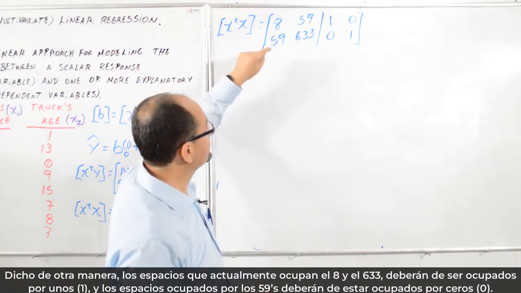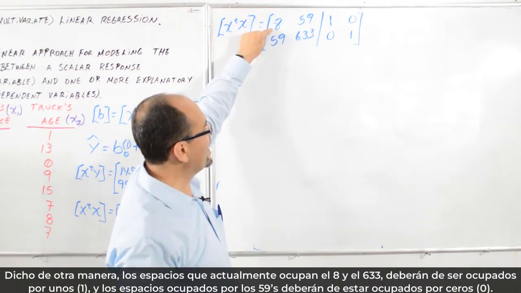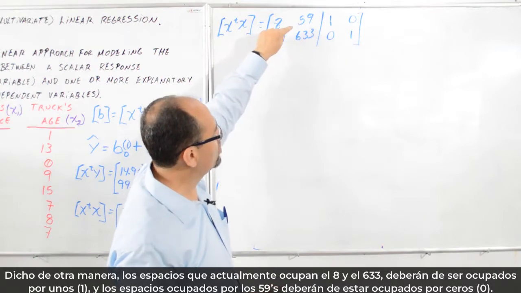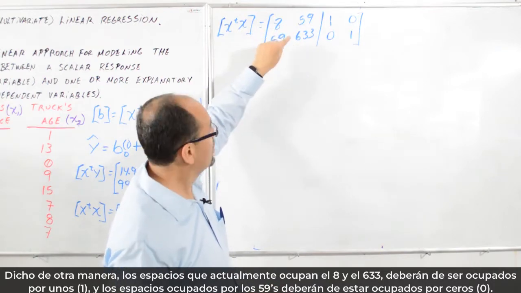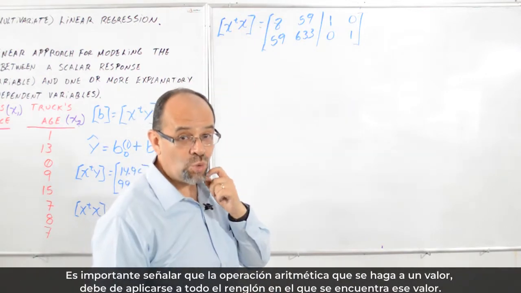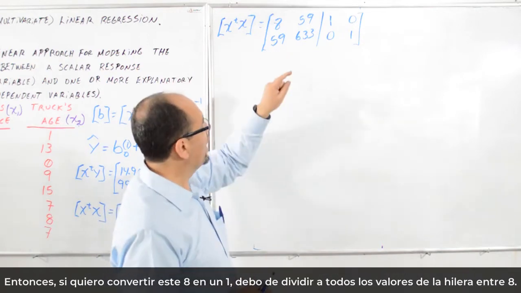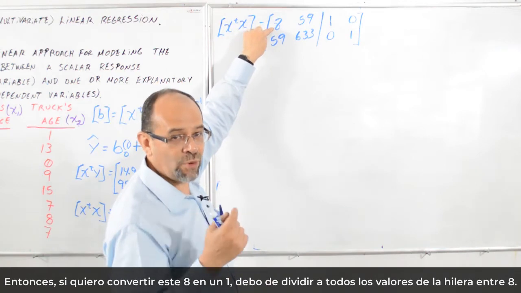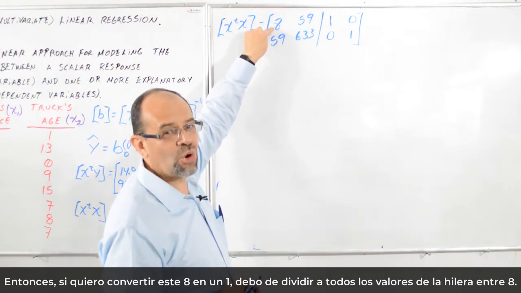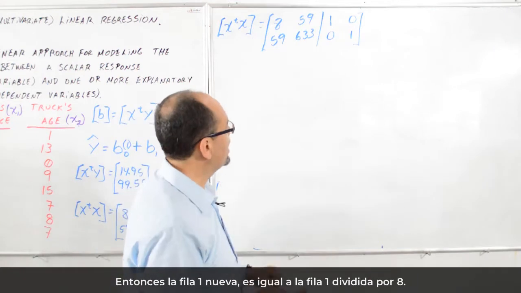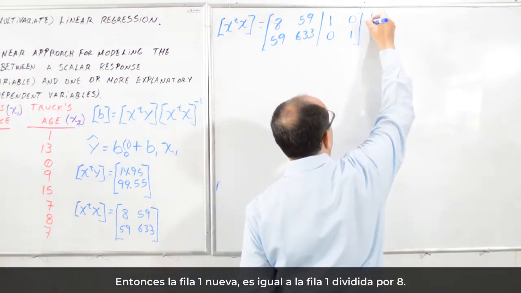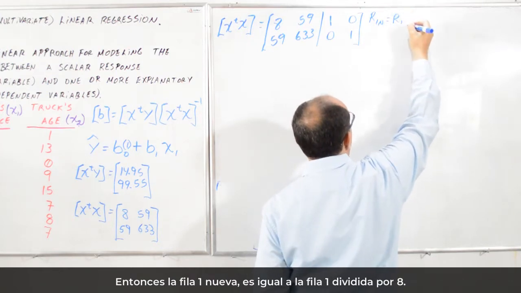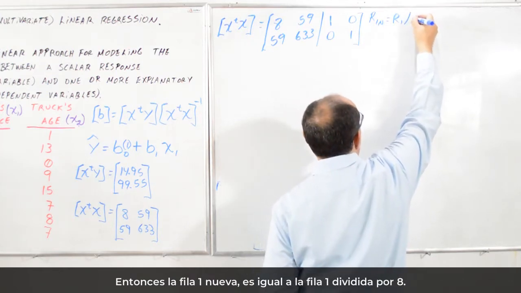So for instance, if I want to make this 8 a 1, because I want to make this 1, make this 0, make this 0, and make this 1. And by the way, I have to work always by rows. Well, if I want to make this 8 number 1, I have to divide the row by 8. Then it will be row 1 new is equal to row 1 divided by 8.